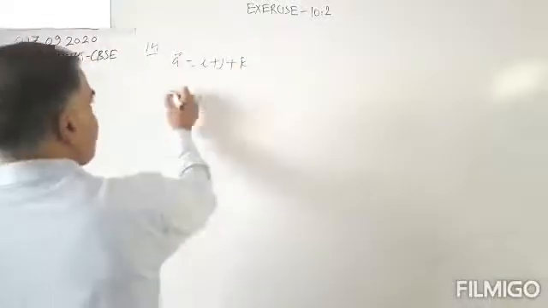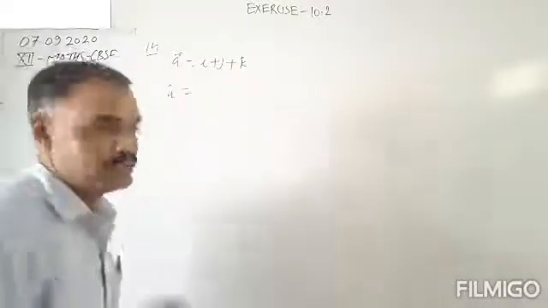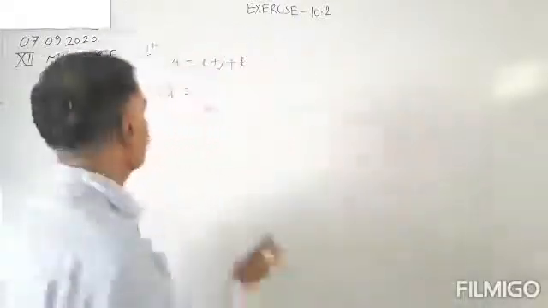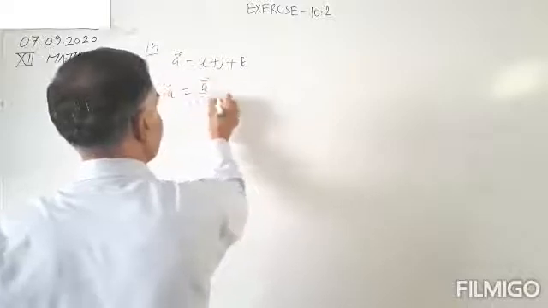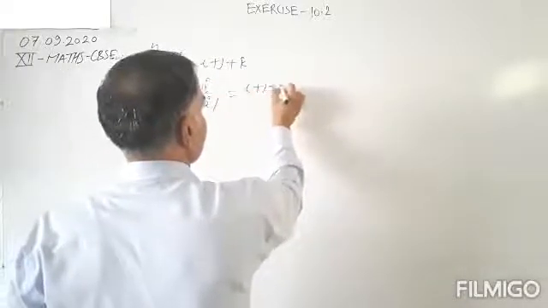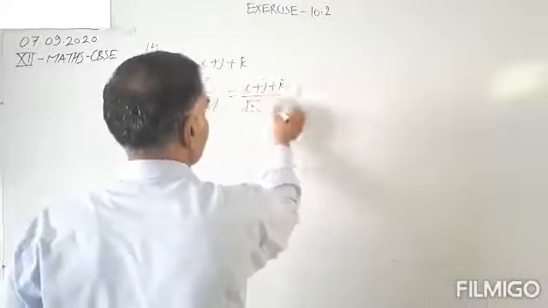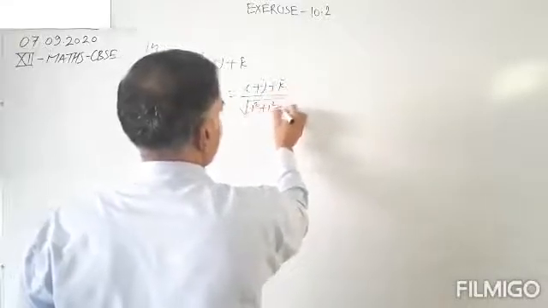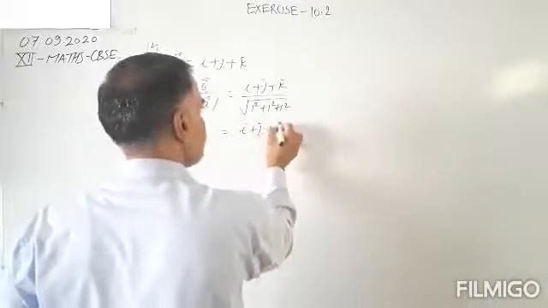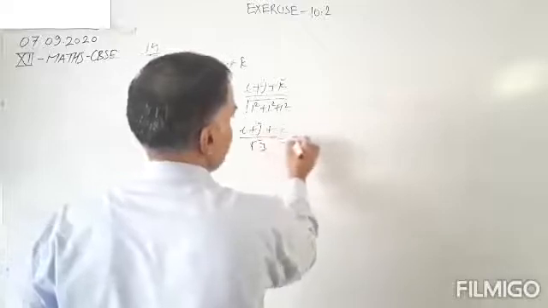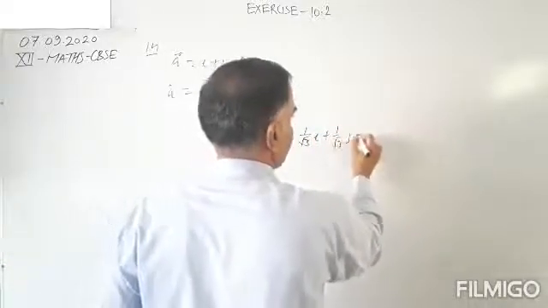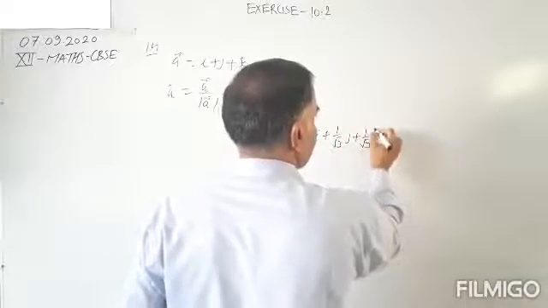Direction cosines are the components of the unit vector. So A cap equals A vector divided by the magnitude of A vector, which is i cap plus j cap plus k cap divided by √(1² + 1² + 1²), so (i cap plus j cap plus k cap)/√3, that is 1/√3 i cap plus 1/√3 j cap plus 1/√3 k cap.